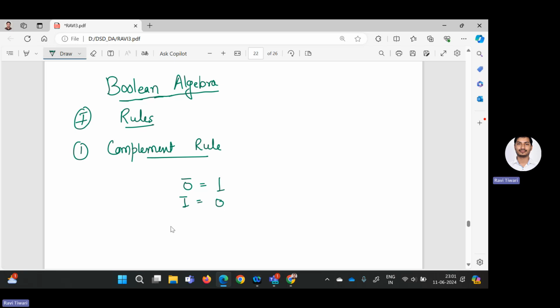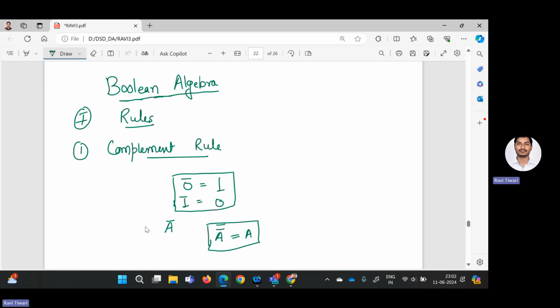Similarly, a complement is represented by a bar. If the input is A, then A bar will be the complement. If you have a double complement, then you will get the same expression, A. So these are the three equations which are very important.